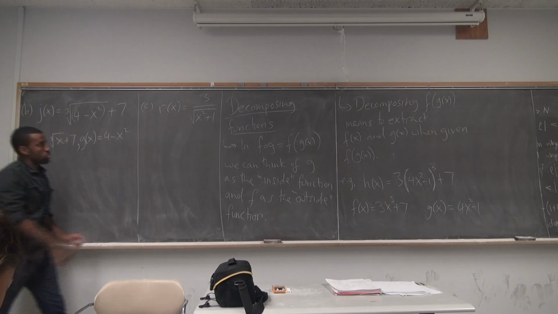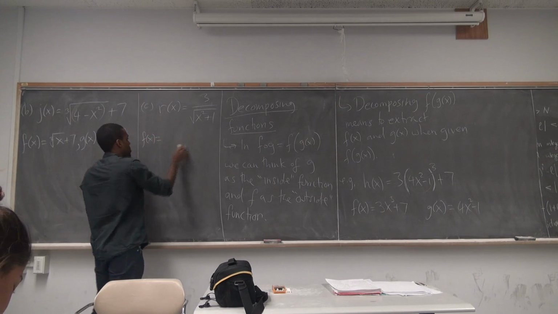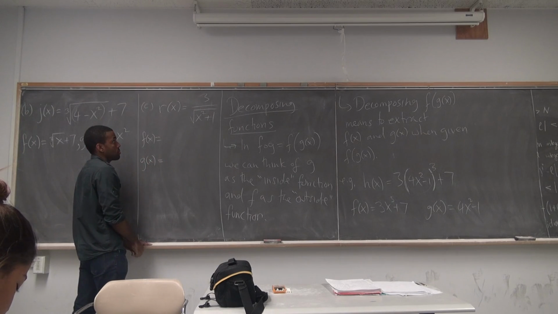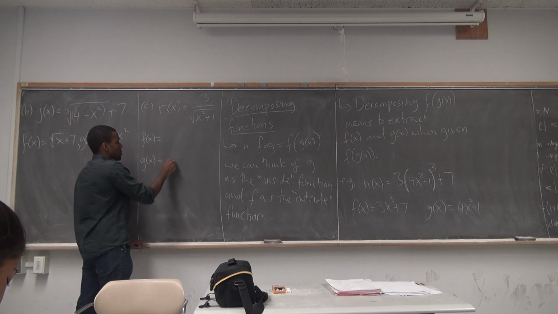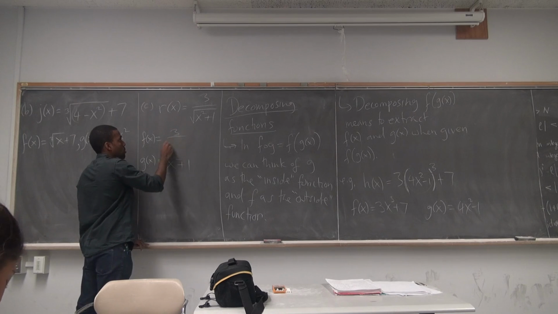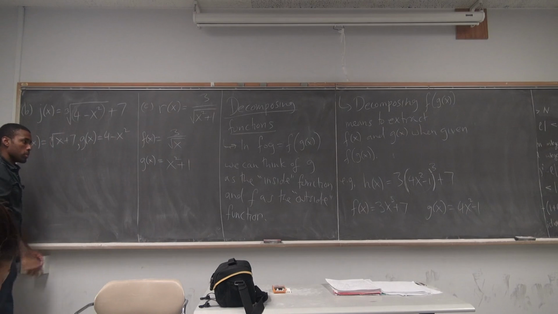Right? What about this one? g of x is x squared plus 1. And f is 3 over the cube root of x. Well, radical x. Radical x, yeah.